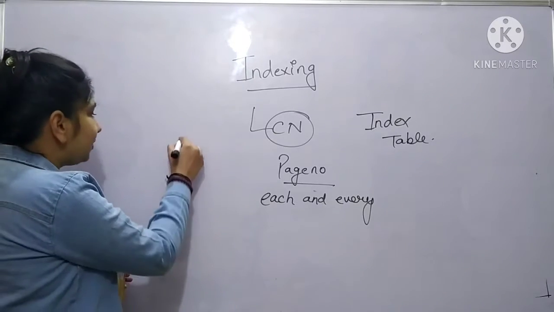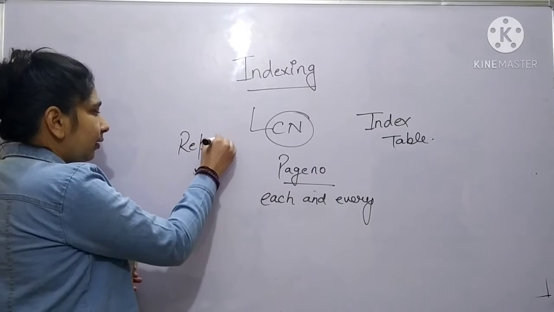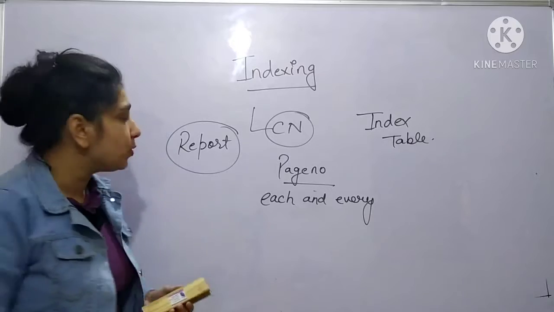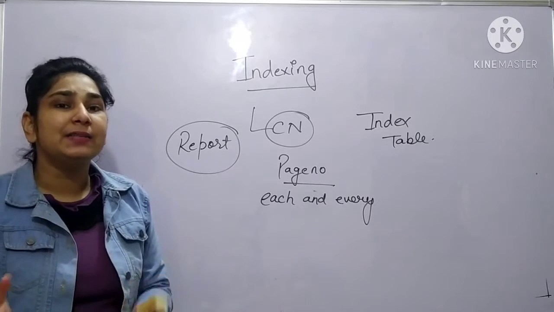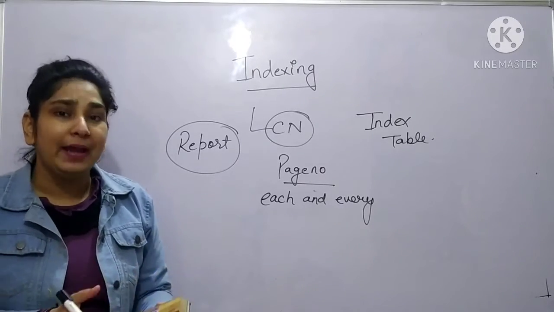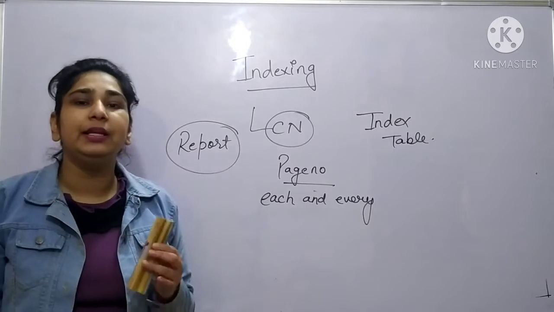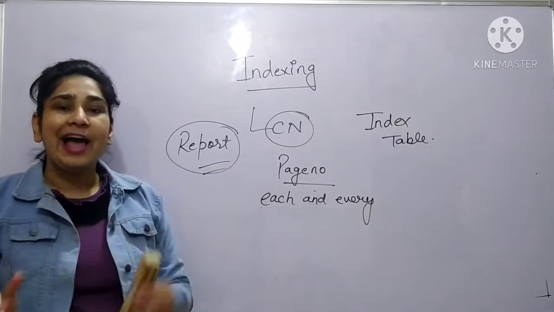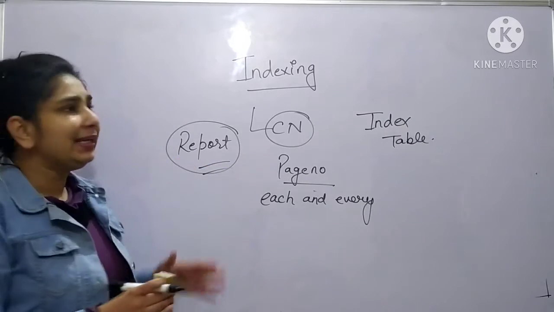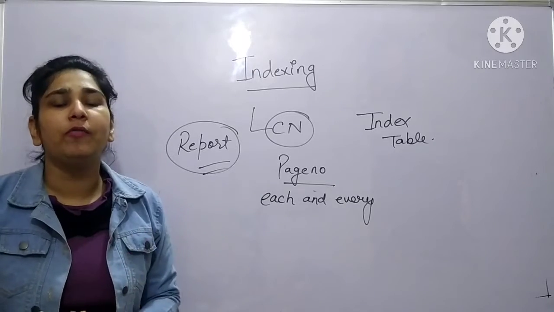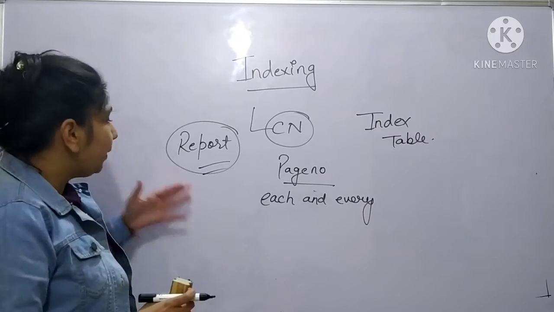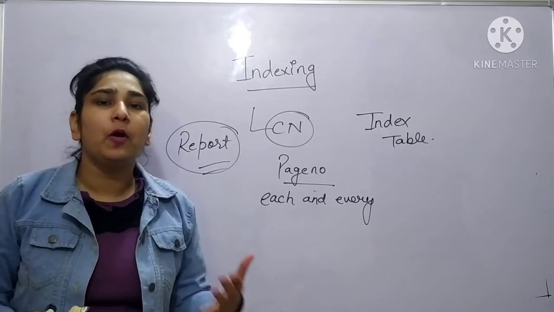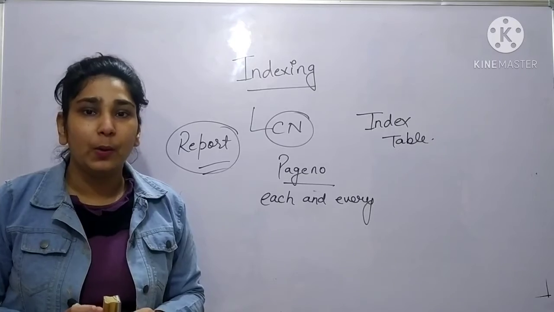Even if you look at reports, if you make progress reports and your report size is big, then we will be making an index table in your report. Because with the help of the index table you can easily get the complete overview of your report, which topics you are covering and the corresponding page numbers.